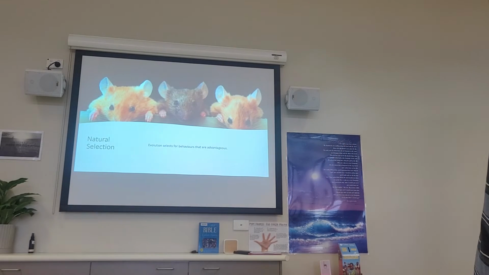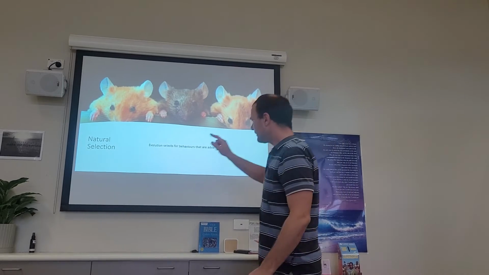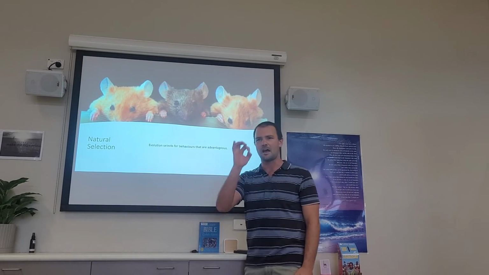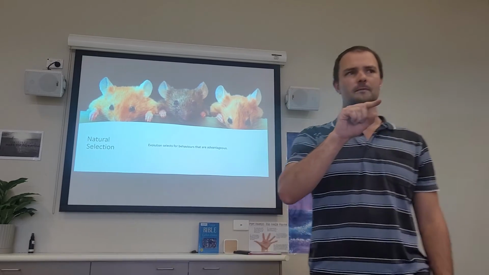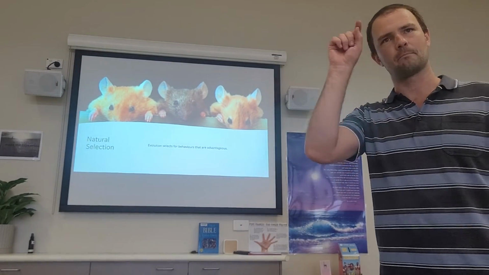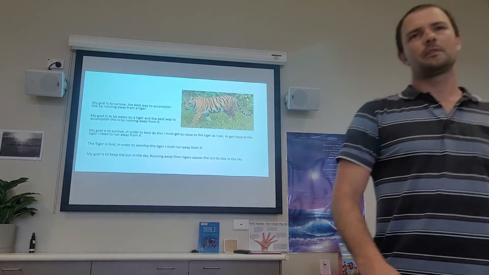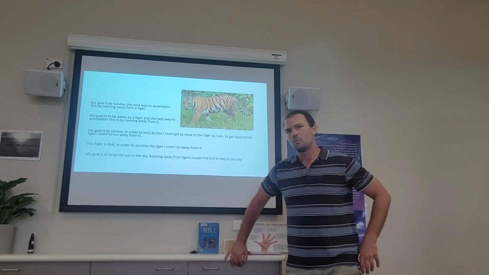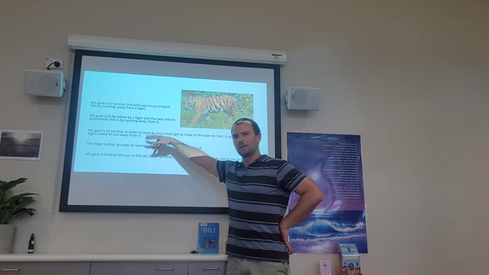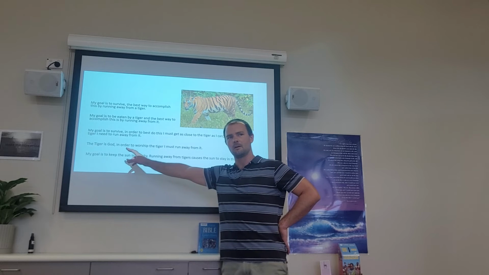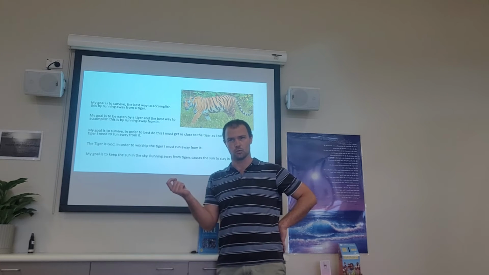Let's be aware of what that says. Evolution selects for behaviours that are advantageous. It doesn't select for true behaviours, it only selects for behaviours that provide you with some advantage. So when you're confronted with a tiger, there are an infinite number of beliefs you can have that help you survive, but not all of them are true.